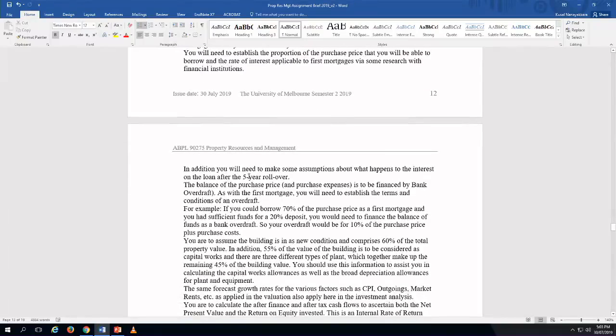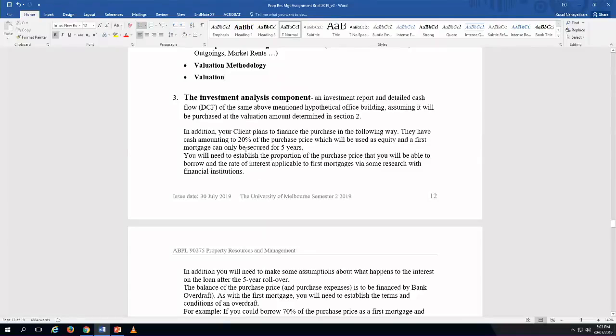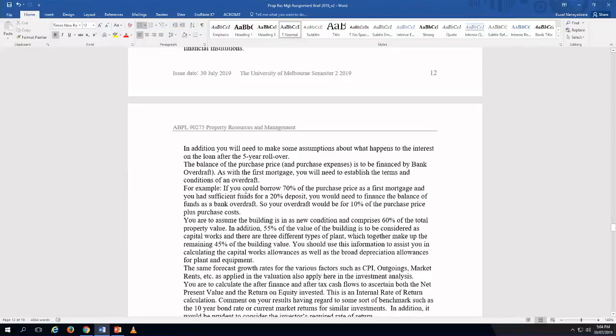Right. So how much do you have? You only have 20%. For example, if you could borrow 70% of the purchase price as the first mortgage, and you have sufficient funds for 20%, you are short of 10%. So your overdraft would be 10% of the purchase price plus purchase cost.